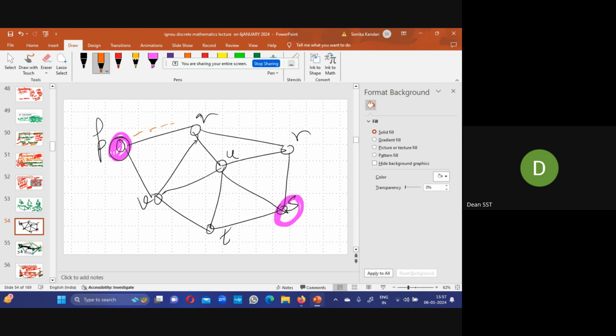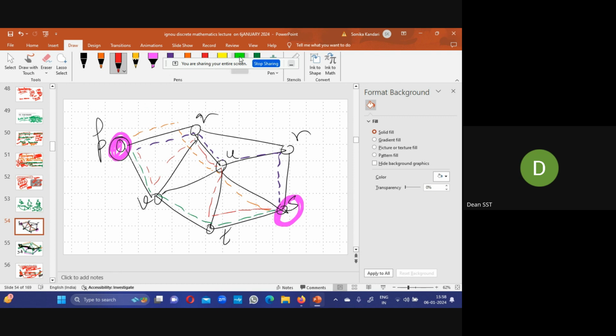So there are many paths. One path is like this. Another path, it may be like this. Another path, it may be like this. Another path, it may be like this. So there can be many paths.